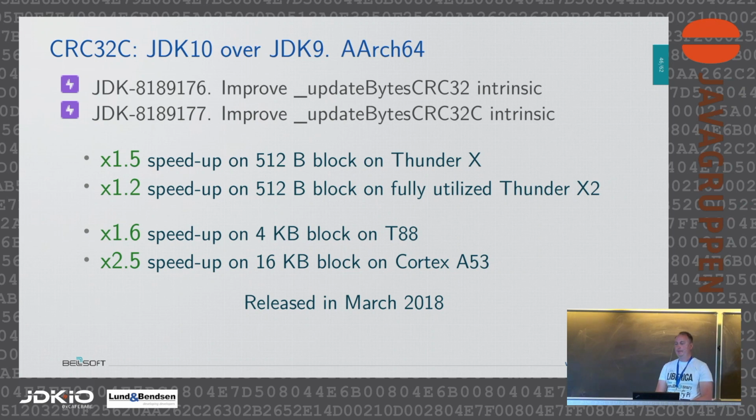Speedup for the newer platform is not that high, just because it's fast. It's much faster, and it's an out-of-order processor. So it doesn't suffer that much from data dependencies because it can execute a lot more ahead.